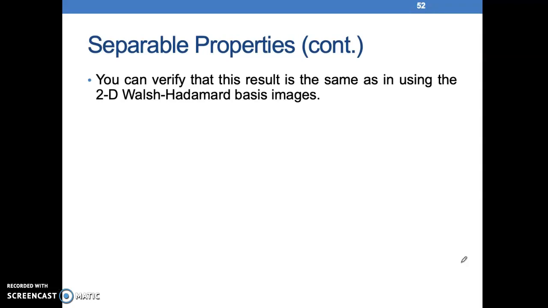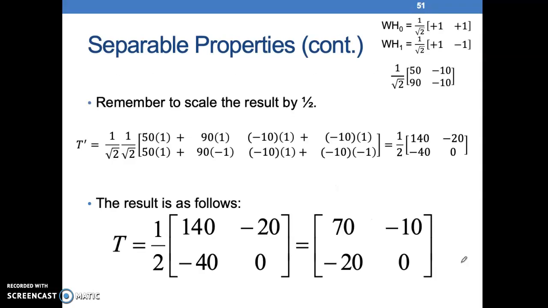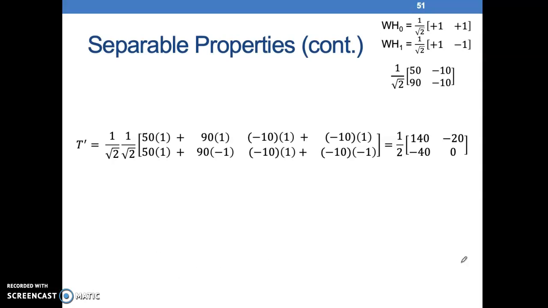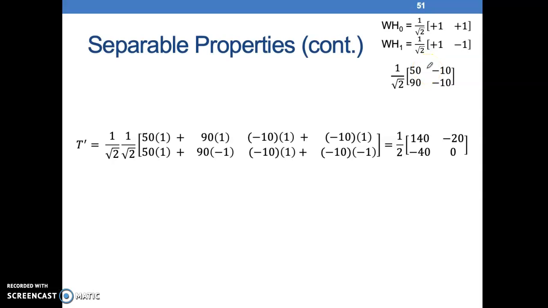You can verify that the result is the same as using the 2D Walsh-Hadamard basis image. You can try using the same basis image, with plus 1 and plus 1, -1 for the matrix, applied to the IRC.